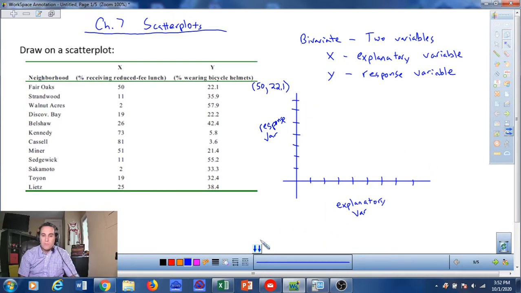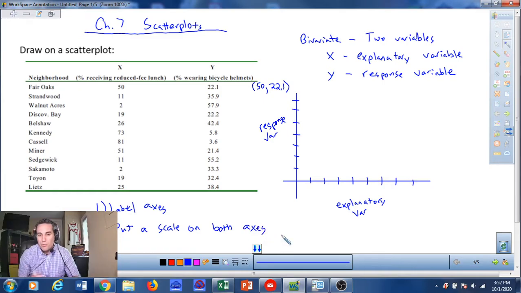Some things that are important for FRQ questions are label the axes, and make sure you put a scale on both. These are just little things.